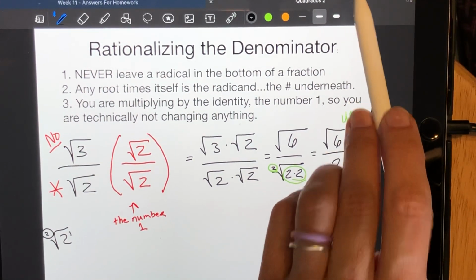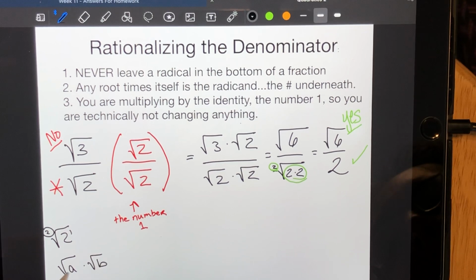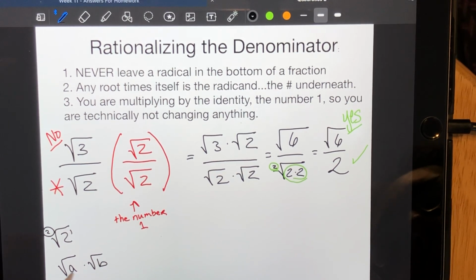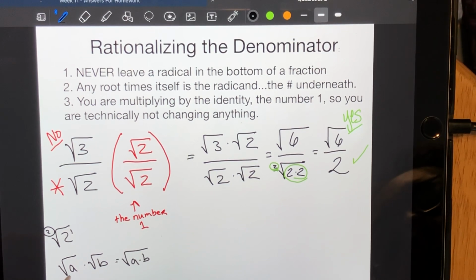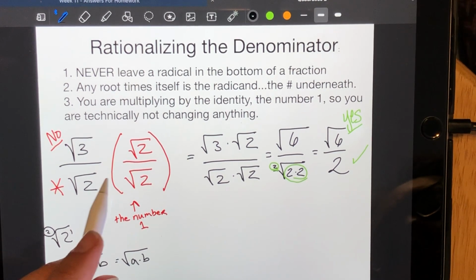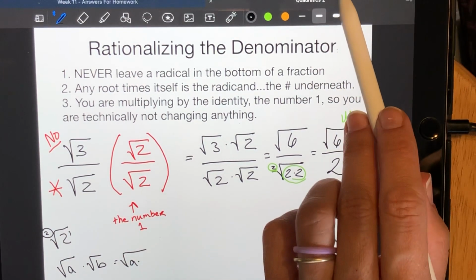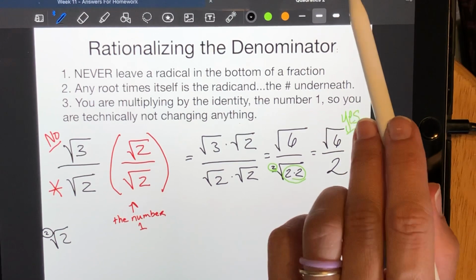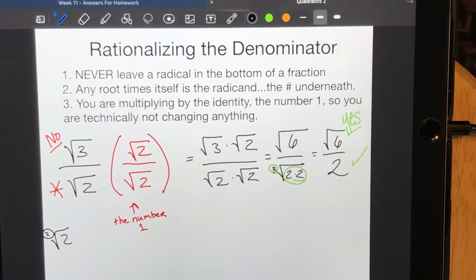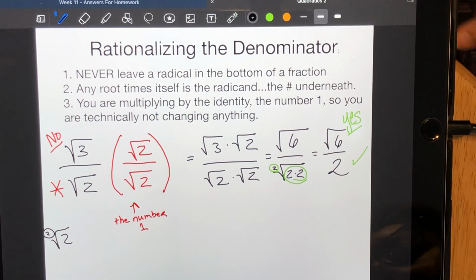I have to get another 2 underneath that radical because, remember, we just learned that the square root of a times the square root of b gets us the square root of ab. That's how they both get underneath the radical. So I need to multiply by something. I need to multiply by that other 2 to get it underneath the radical. One of the important things to note is that anytime you square a square root, you get the number itself.